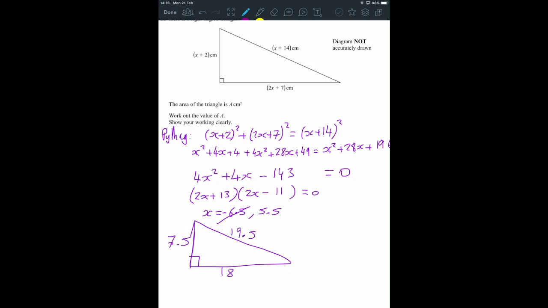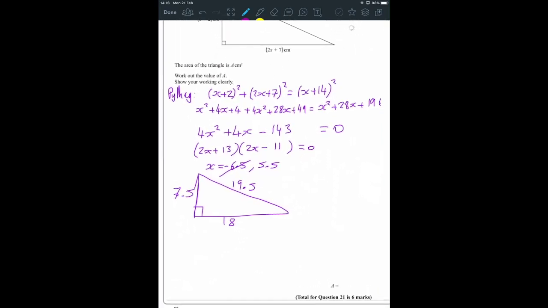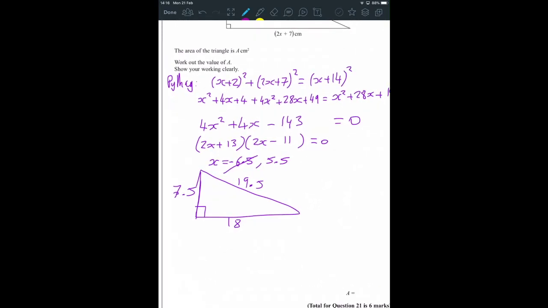One reason I've done that is to make sure my triangle still makes sense. That hypotenuse should be the longest side, and if it wasn't, I'd have been quite worried with my calculation somewhere. The question actually wanted the area of the triangle. Area is half base times height.